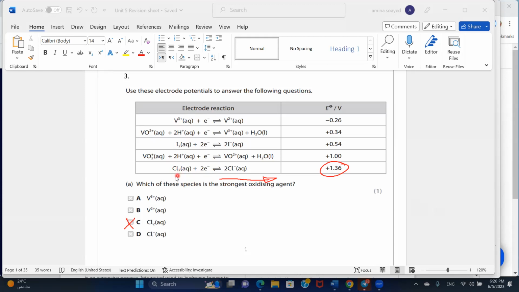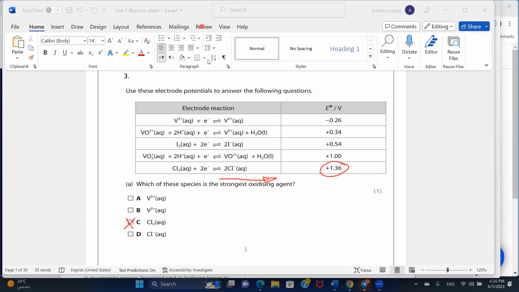Why? Because when it gained electrons, it gave the most positive value of E naught. This means that this is the most favorable forward reaction, which means that the chlorine would like very much to gain the electrons, which means that it's the strongest oxidizing agent because it got reduced.